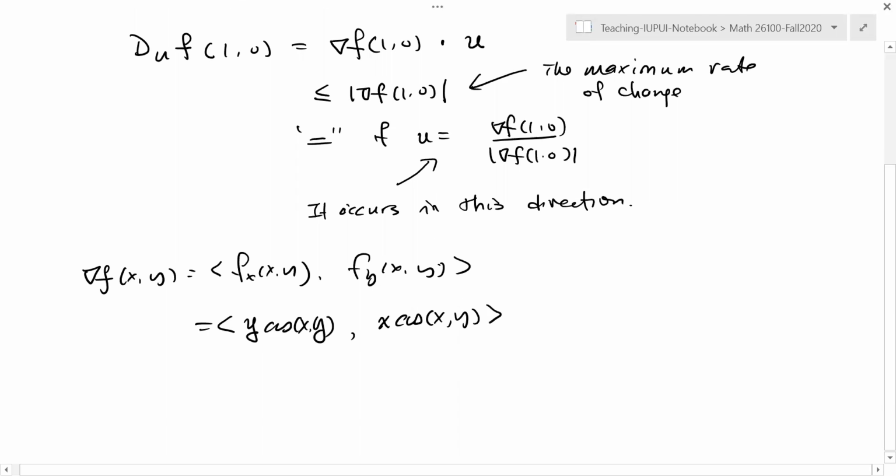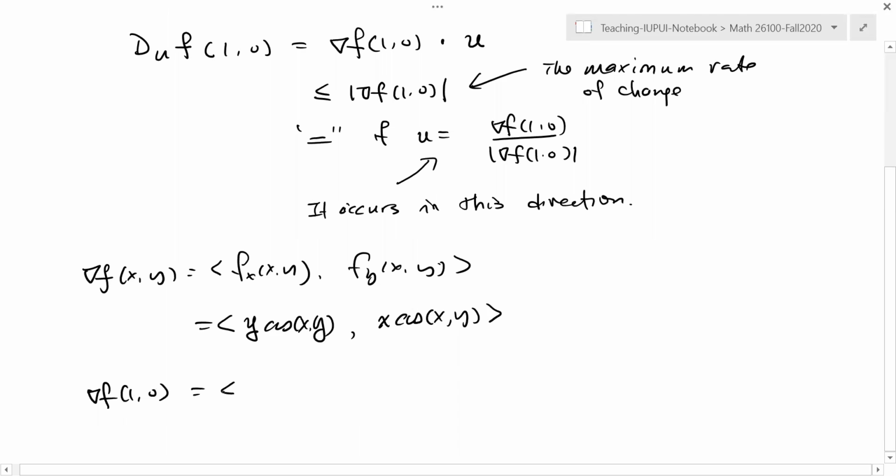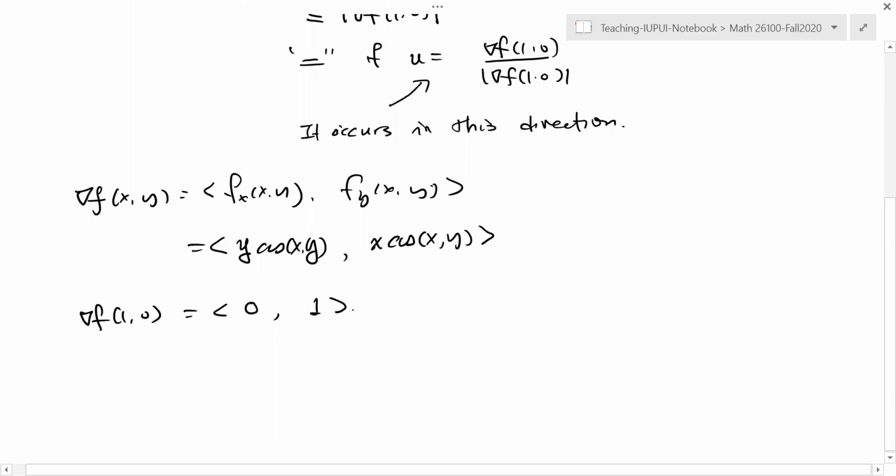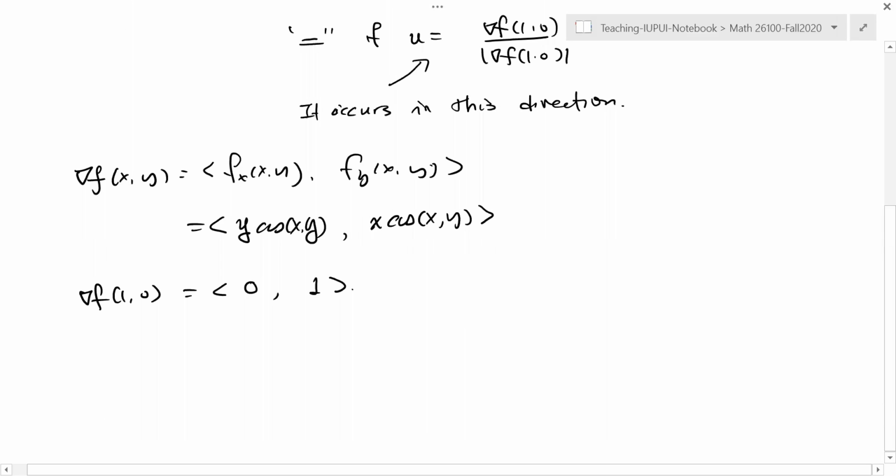Okay. So let's evaluate at the point (1, 0). When y is 0, that's 0. When x is 1, then that's 1 times cosine 0, which is 1. Okay. So that is the direction. So you can answer the question now.